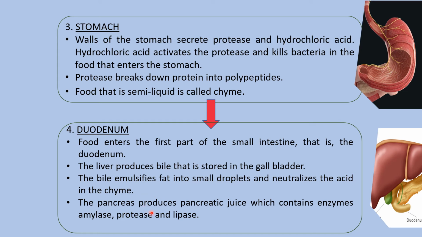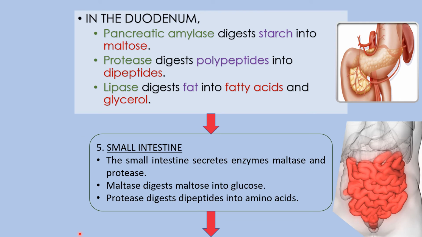The pancreas produces pancreatic juice which contains the enzymes amylase, protease, and lipase. In the duodenum, pancreatic amylase digests starch into maltose, protease digests polypeptides into dipeptides, and lipase digests fats into fatty acids and glycerol.